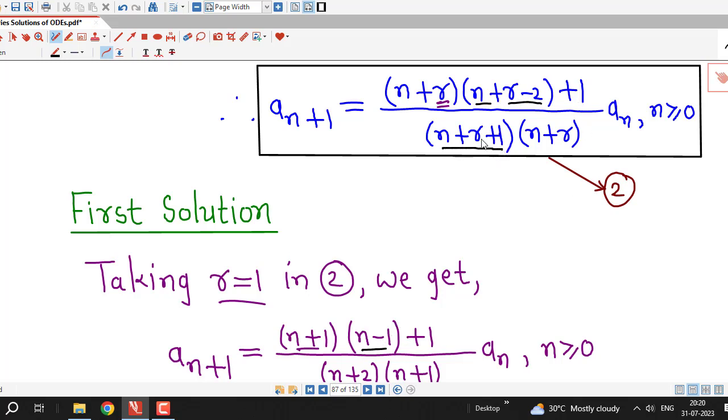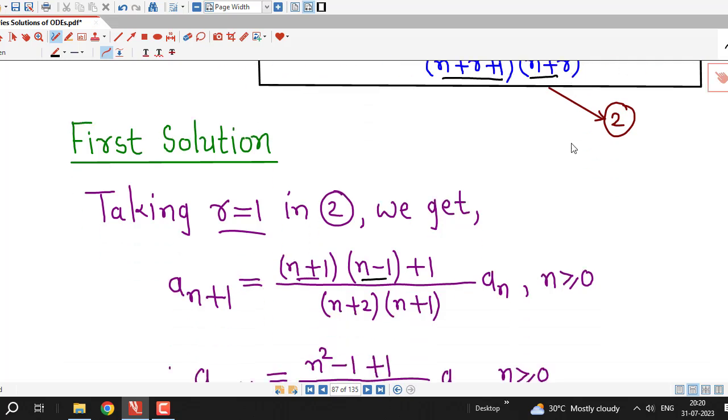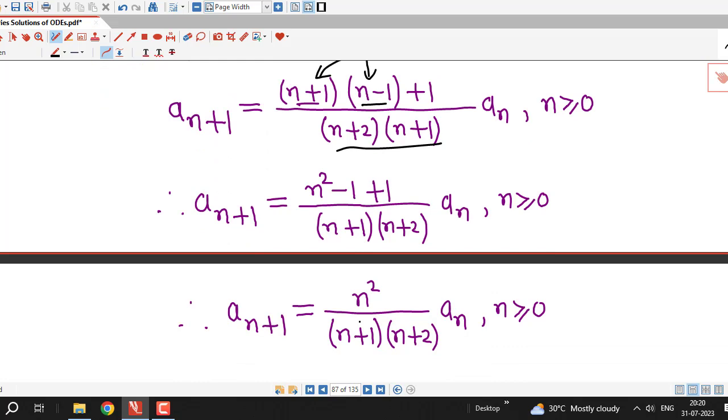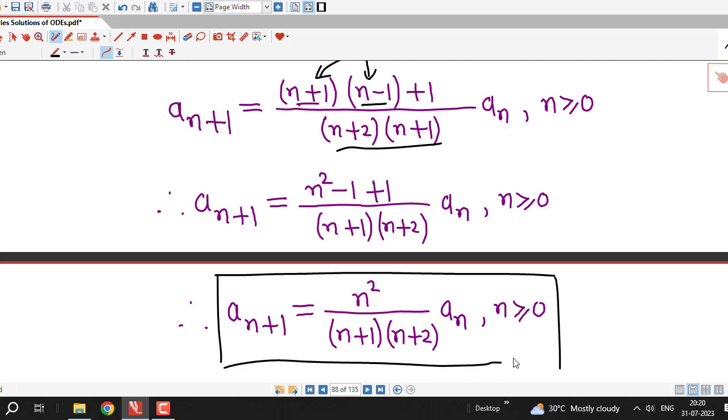Here r is 1, so n plus 1 plus 1, that is n plus 2, and into n plus 1. If I combine these two, I will have n square minus 1, and plus 1 is there, rest of the things as it is. So this 1 will get cancelled, and we have n square divided by n plus 1 into n plus 2 an. This is the recurrence relation for r equal to 1.